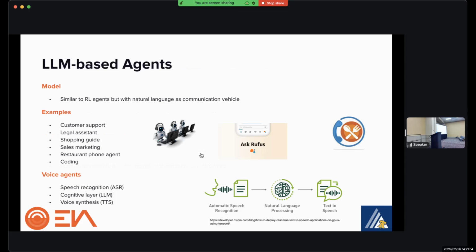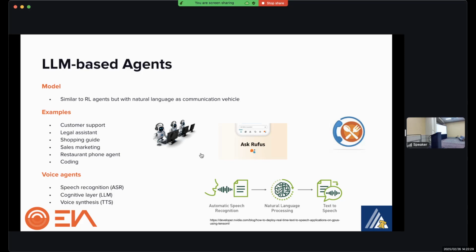But instead of interacting with the environment through signals or state features, these large language model-based agents interact with human beings through natural language as a communication vehicle. That is a much easier form of communication and of getting feedback signals from the environment.